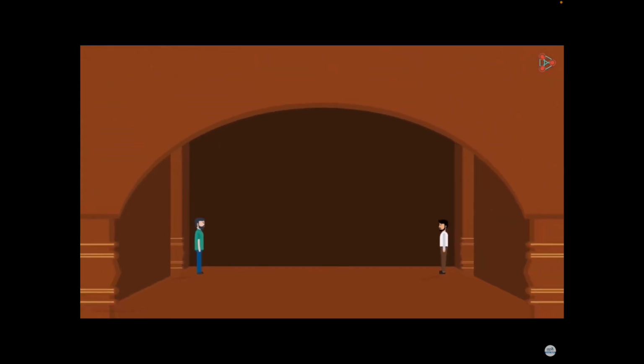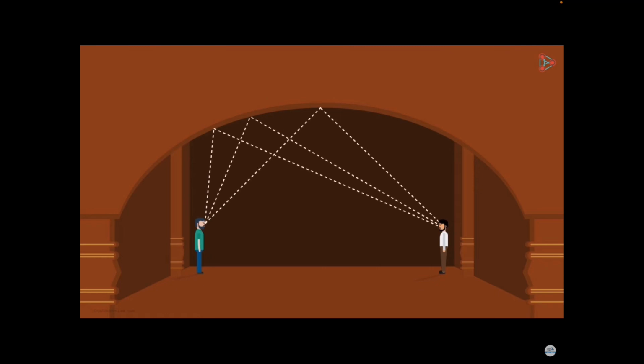If the ceiling of the room is elliptical in shape, technically semi-elliptical here, then there are two special points in the room where you and your friend can stand. If one of you whispers something, then all the sound waves get reflected from the elliptical ceiling towards the other person. So as the sound waves from one point get reflected and focused onto the other point, your friend can hear your whisper.